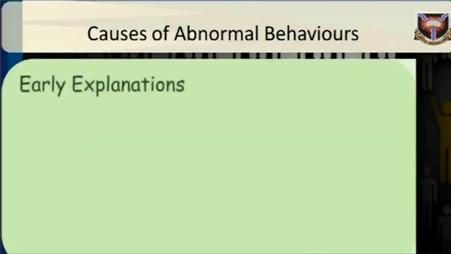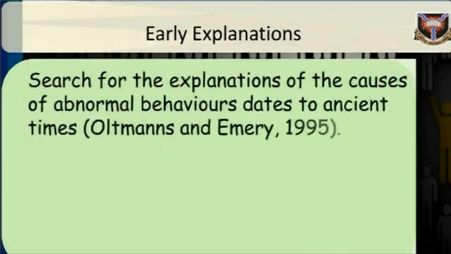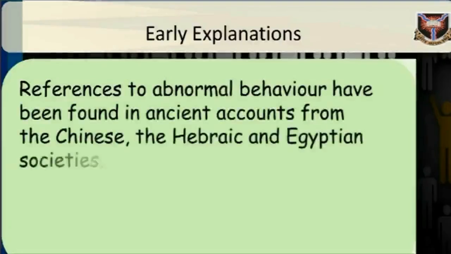Causes of abnormal behaviors. Early explanations. The search for the explanation of the causes of abnormal behaviors dates to ancient times (Altman and Emery, 1995). References to abnormal behavior have been found in ancient accounts from the Chinese, the Hebrew, and the Egyptian societies.